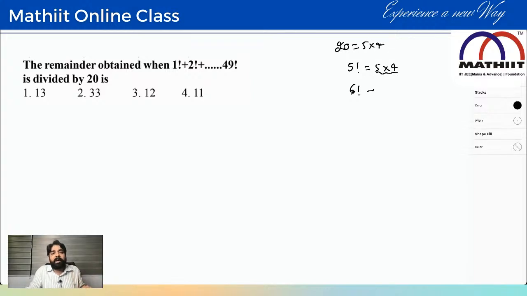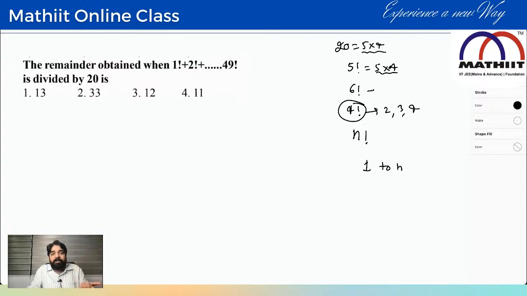So what is divisible by 5 as well as 4? 5 factorial is divisible by 5 as well as 4. 6 factorial is divisible by 5 as well as 4, because I told you n factorial is always divisible by 1 to n, any number. So 4 factorial is divisible by 2, 3, 4, but it's not divisible by 5.